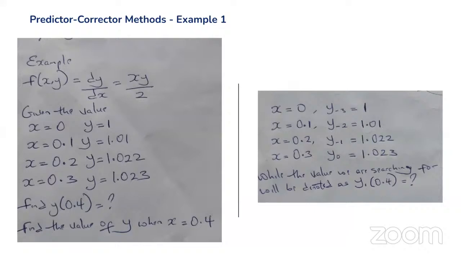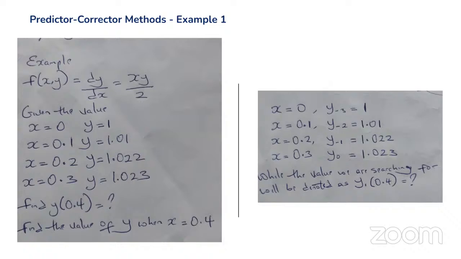Okay, let's look at the next step. x equals 0.1, comma y minus 2 equals this. Is it x minus 2 subscript? Yes, it's also x subscript minus 2, sir, not x minus 2. Please go and repeat.